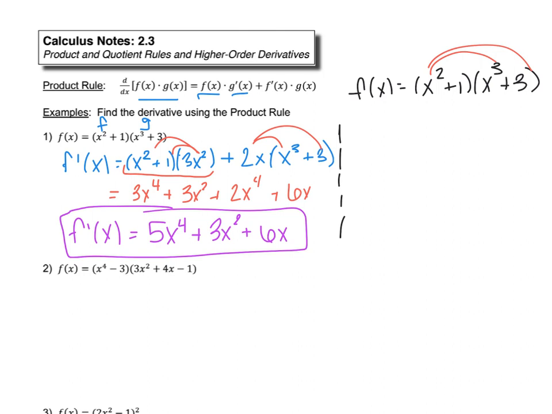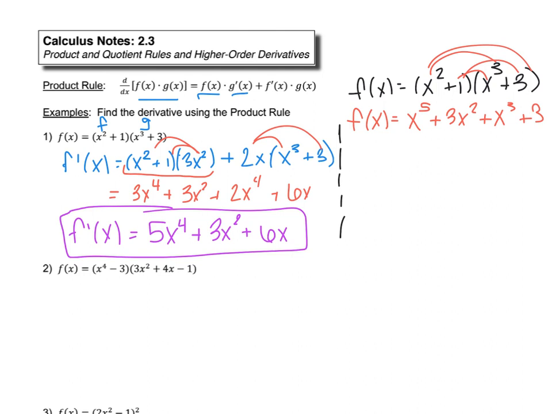So I would have had to distribute the first term times the second term, and we just would have rewritten the entire function to get x to the fifth plus 3x squared. And then I would distribute the 1 plus x cubed plus the 3.